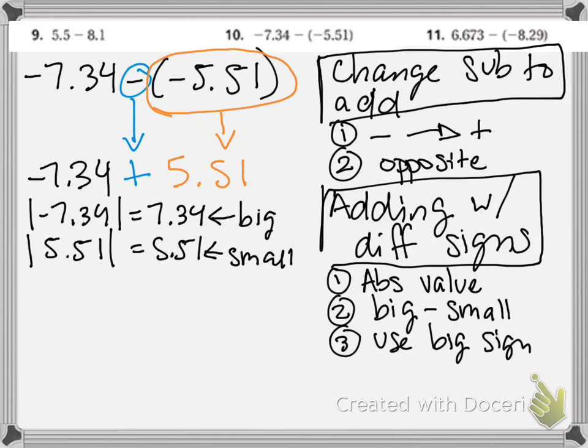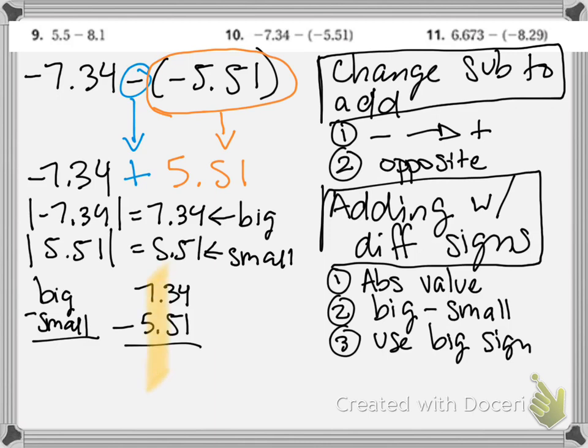All right, and just like before, I like to stack them. So big minus small, 7.34, 5.51, subtract, and I'm really careful to make sure that my decimal points are stacked. That way I know where the decimal point is supposed to go in the answer.